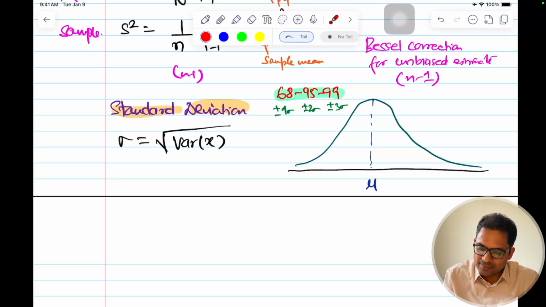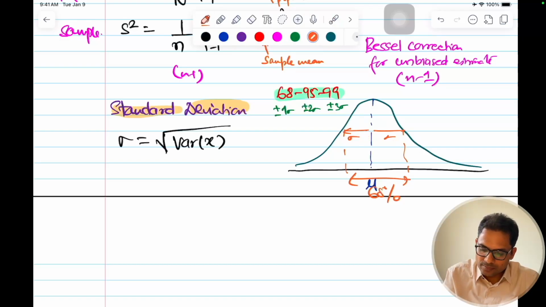So if the standard deviation is sigma here, and I go here, 68% of my data will be in this range. One standard deviation plus minus. So this is my mu. I go minus sigma here and plus sigma here. So 34% here, 34% here on both the sides.